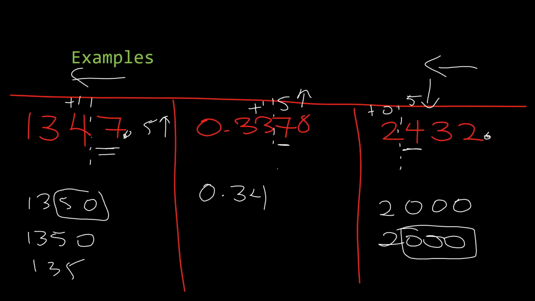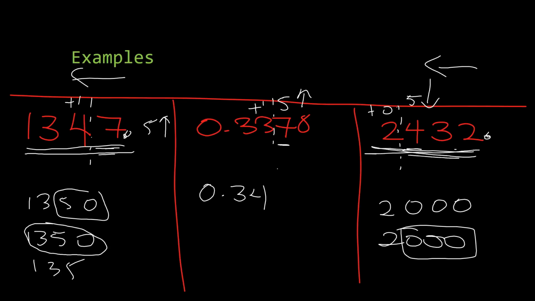We have to remain with the place value that it has. In this one here, we have 1,347. So we have to have at least 1,300. So we have 1,350 in this case. And in this case, we have to have at least 2,000. So that is why we have to put the zeros to maintain the place.